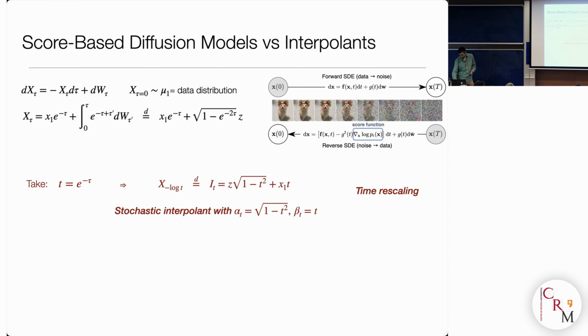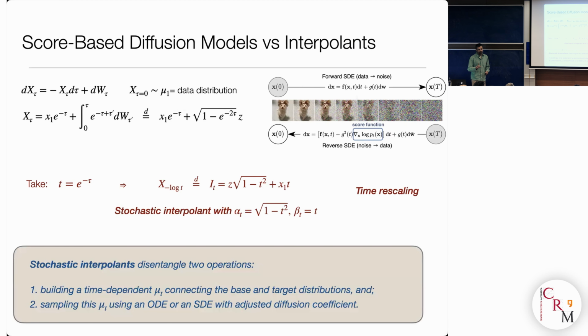So it looks like we have not done much, but it's important to realize that conceptually, we have disentangled two operations that in score-based diffusion were sort of mixed together, even though they don't have to be. And these two operations are that on the one hand, you can build this connection, mu t, and to build it, you can use stochastic interpolant. That means you don't need to use diffusion. You can use whatever it is you want that actually brings samples from the base to the target.